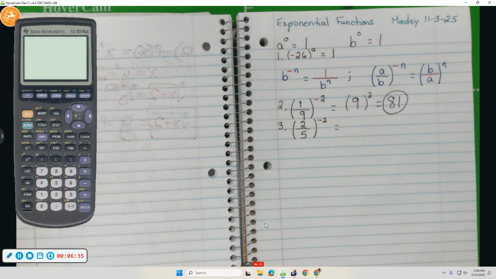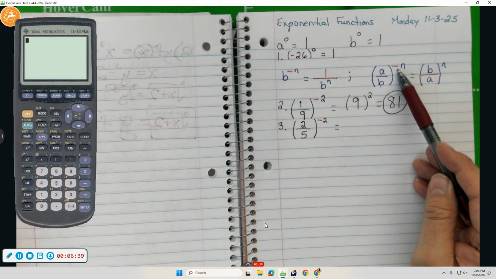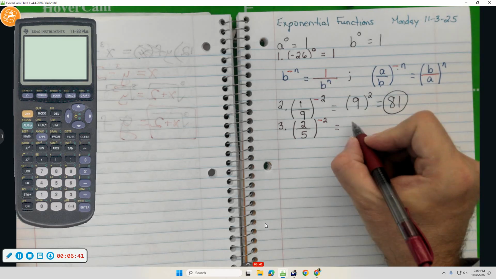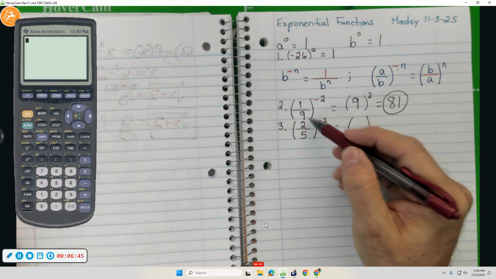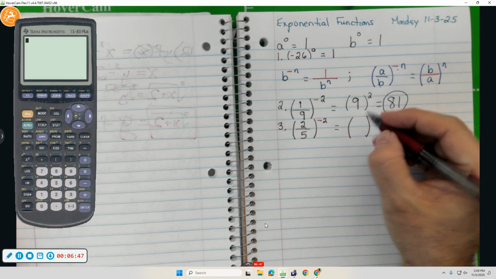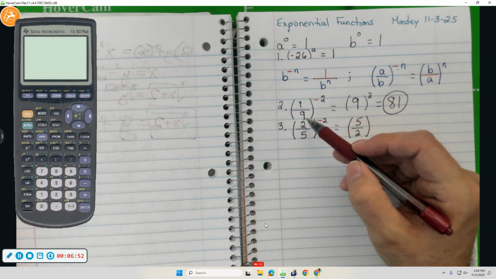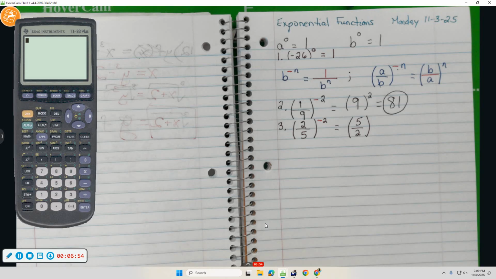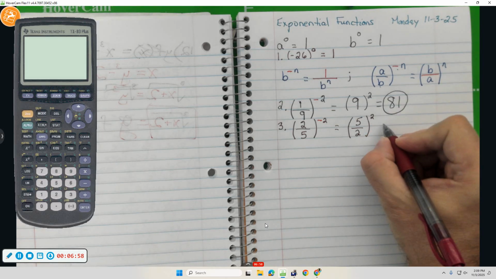Well, this is another fraction raised to a negative power. So when you flip the 2 over 5, we're going to have a fraction, 5 over 2. Whereas when we flip 1 over 9, we just got the integer 9. But it's still not hard.